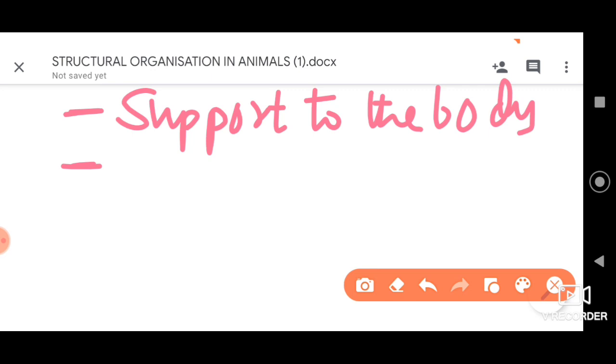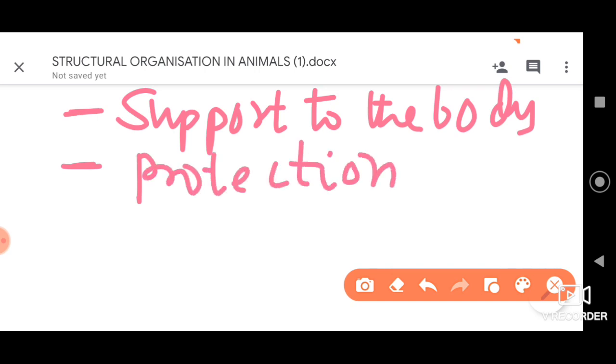Secondly, it also protects various organs. Protection of various organs, especially, is the second important function of this skeletal connective tissue. Thirdly, it is also important in locomotion.